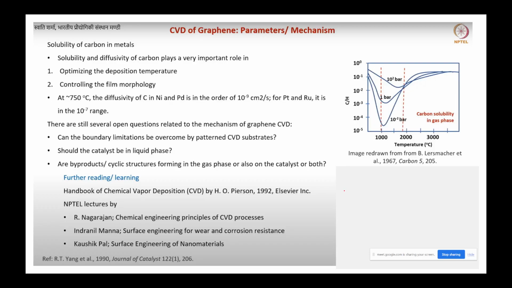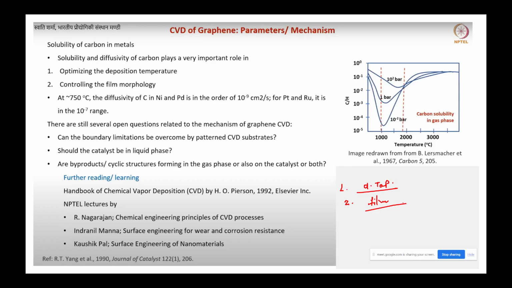First, you are optimizing the deposition temperature, which, as we have discussed, is a very important parameter during deposition. Second, you are controlling the film morphology. It is very important that the morphology you get should be controlled.